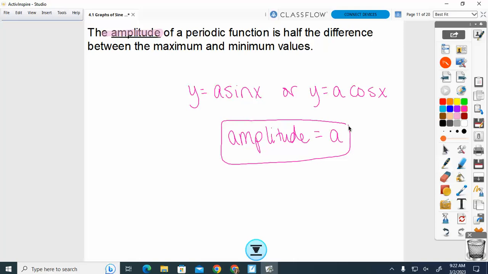It tells us how much we're stretching or shrinking our graph. One thing when we're talking about the amplitude, it's a height, so it's always positive. So if I ask you the amplitude, you need to give me a positive number. If there were a negative in front, what does that negative do to your graph? It flips it. That's a different kind of transformation, but the actual amplitude is just the positive number we see in front.